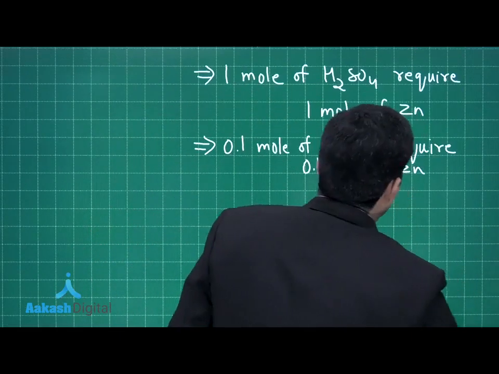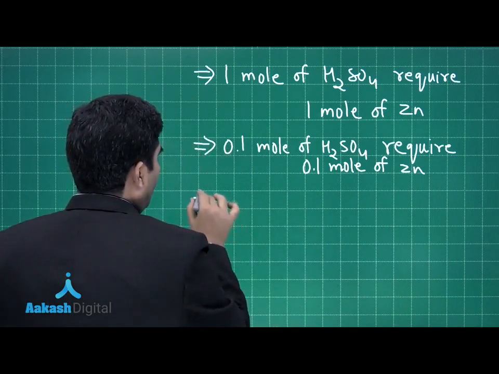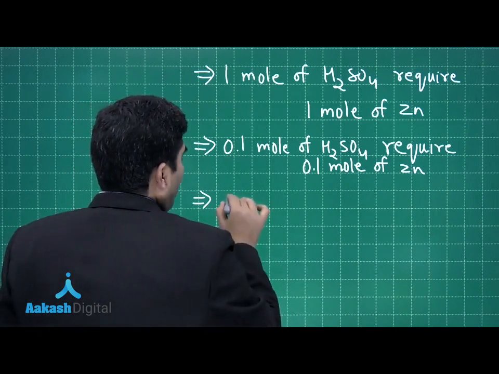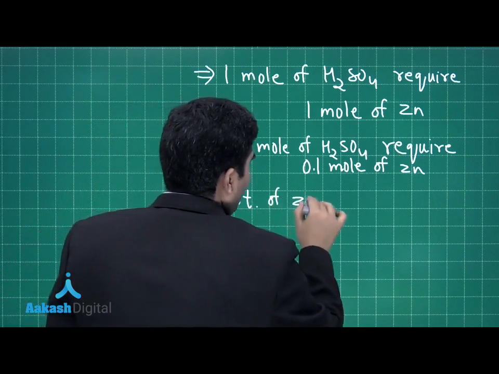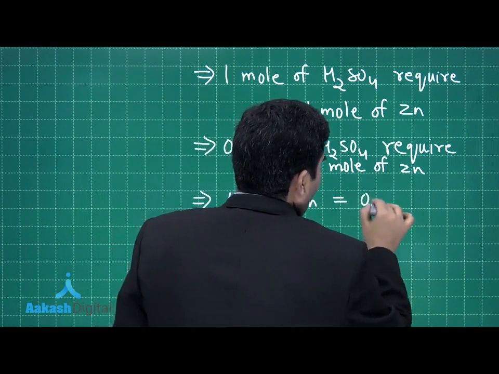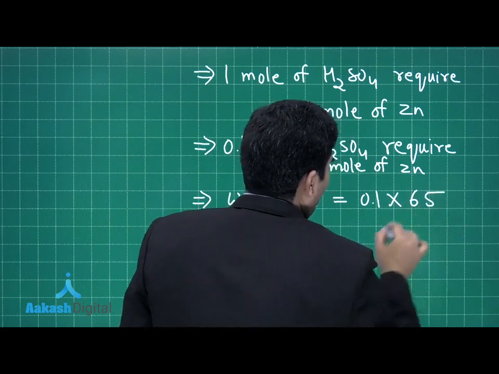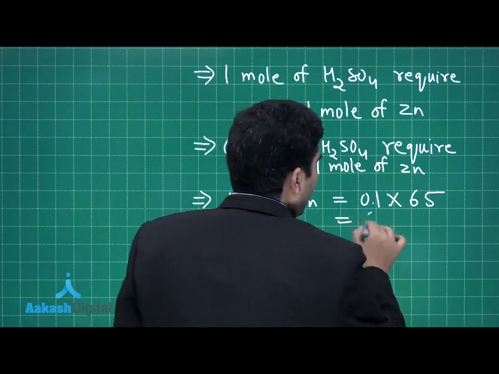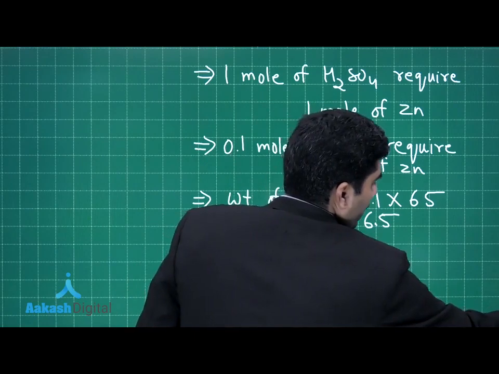So now we have to find out the weight of zinc. Weight of zinc is equal to the number of moles multiplied by its molar mass. So it will be 6.5, right?